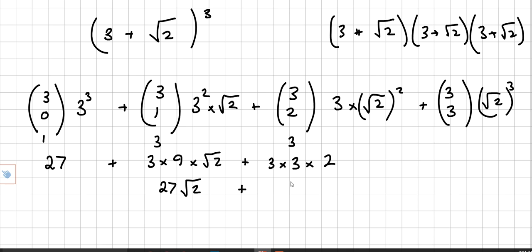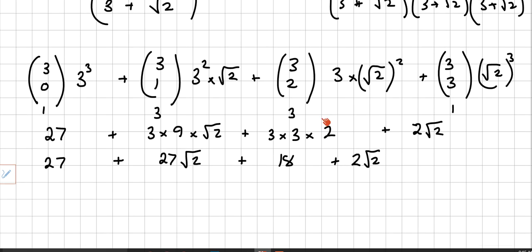So I've got plus 18. And then finally it's 1 times root 2 cubed. Now how would you do that? 2 root 2, good. So I've got plus 2 root 2.